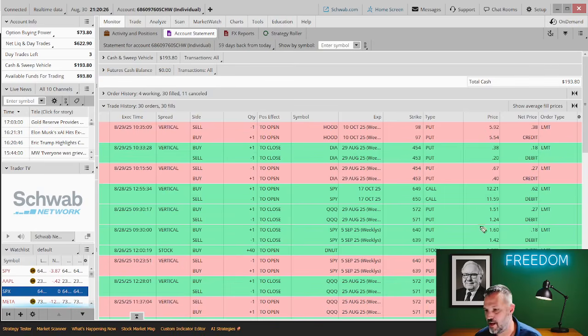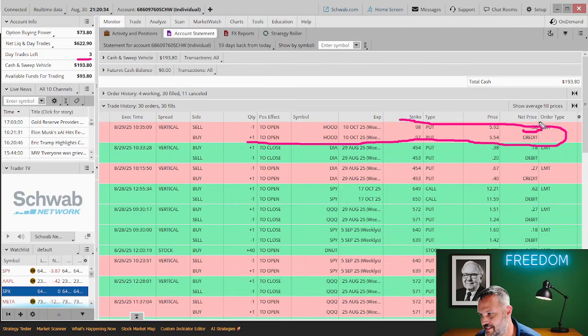And I have a lot of longer term trades too, and that doesn't impact that, right? So right now I've got a Robinhood open. You can see 38 cents on Robinhood. And I'm just slowly taking extremely high probability trades, and I'm rolling it over and over again.